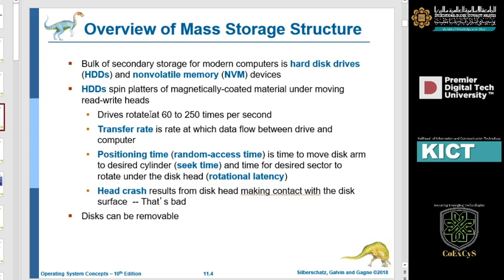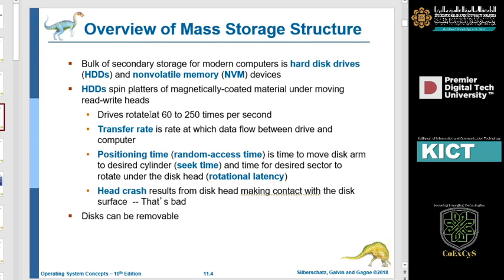Positioning basically has two types of problems. One is how long it takes to move to the position on the disk where the data is, which we call the seek time, or how fast the disk needs to spin to get to the correct position of the data.